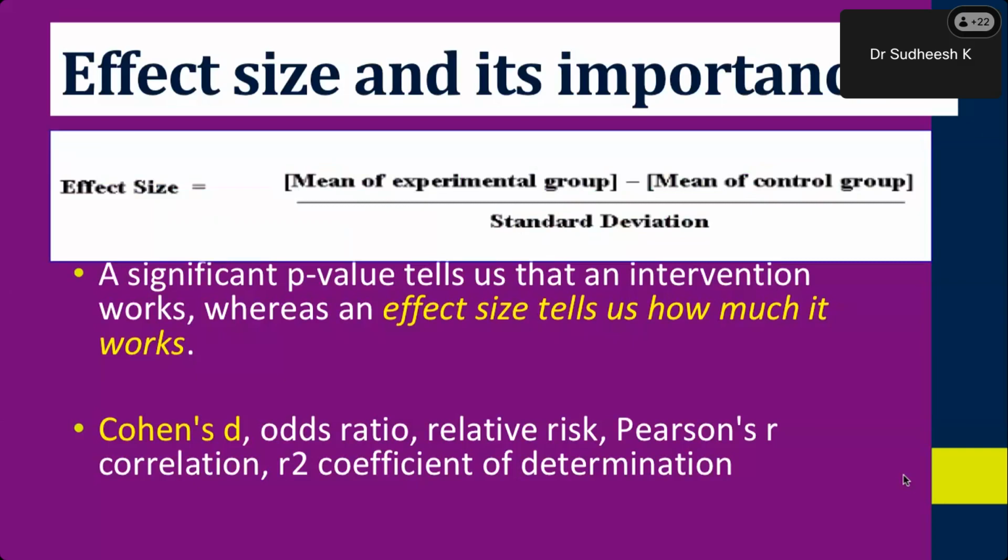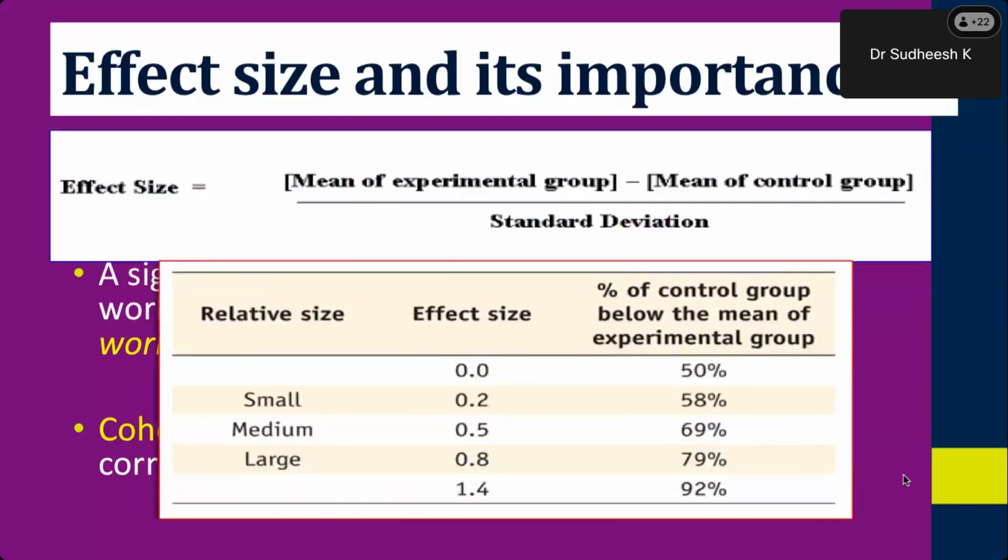So how do you calculate the effect size? Effect size is nothing but the difference between the control and the experimental group, divided by the standard deviation. A significant p-value tells us that an intervention works, whereas an effect size tells us how much it works. Now, how does this effect size really matter?